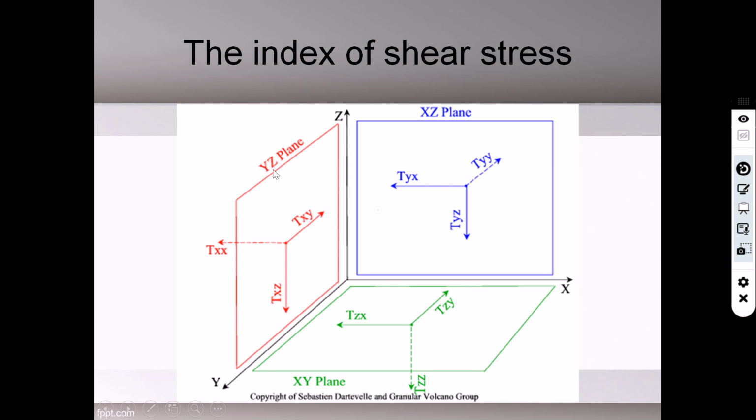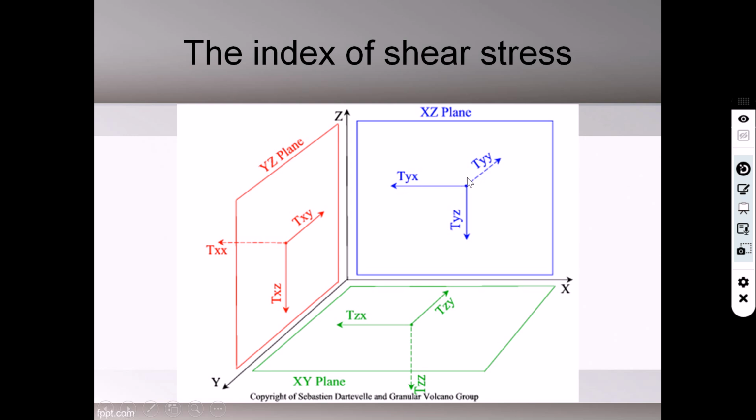And if we want to describe the YZ plane, the Rn should be x, right? Should be x. So that's why the first index of the shear stress in the YZ plane is x. Okay? Hopefully it's clear. And for the first index of the XZ plane, we want to find the normal vector of the XZ plane. That should be y, right?